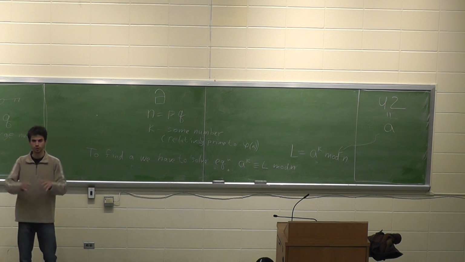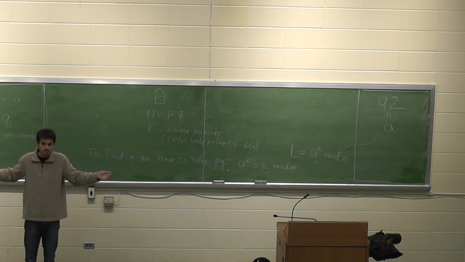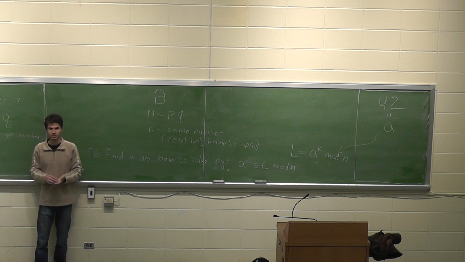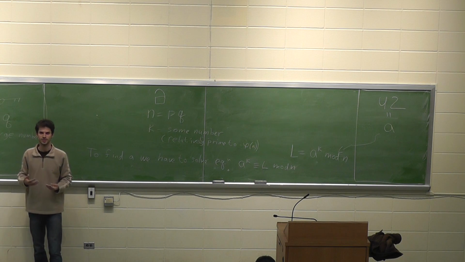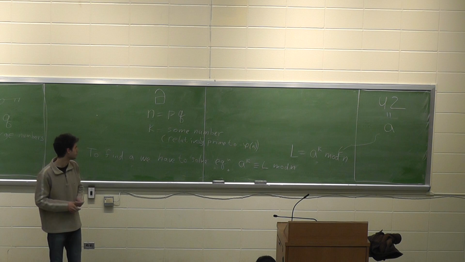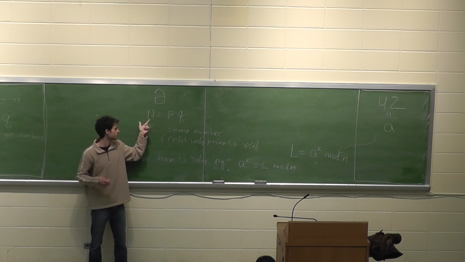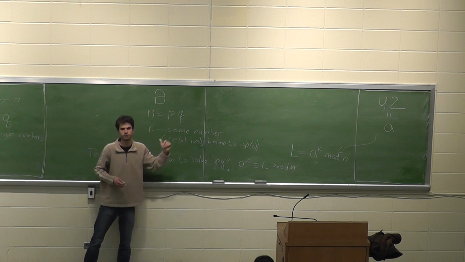So imagine that you have a huge number, it's not given as a product of two primes, and you want to factor it. How would you do this? Oh, it turns out that there are no fast algorithms to actually do this. There are no fast algorithms that take a number and compute phi of this number, or take a number and compute what are the prime factors of this number.